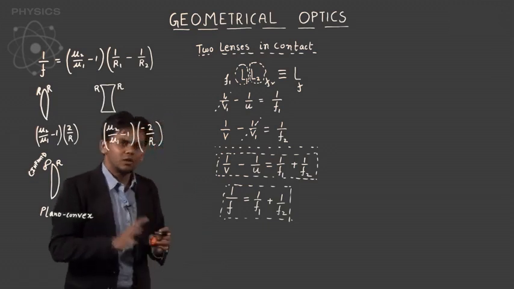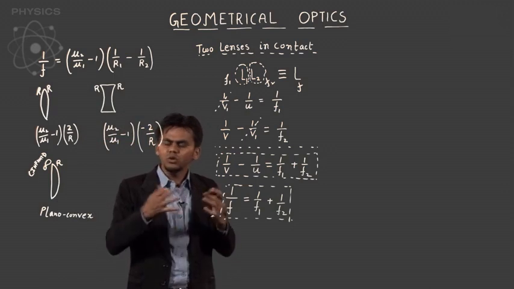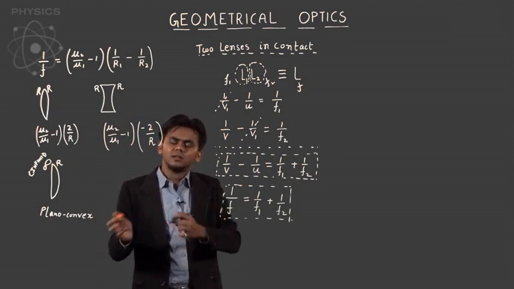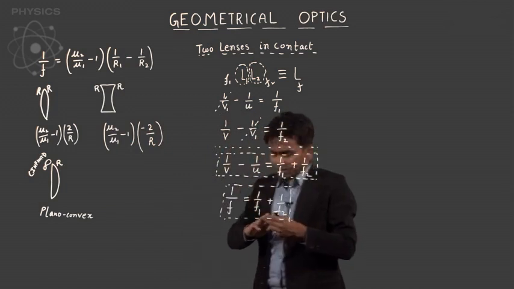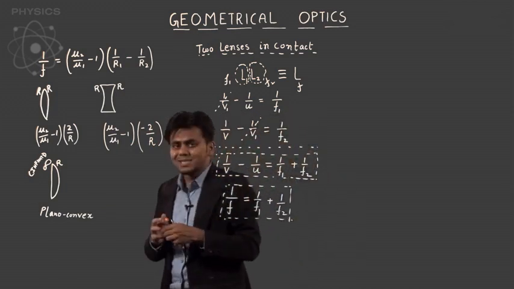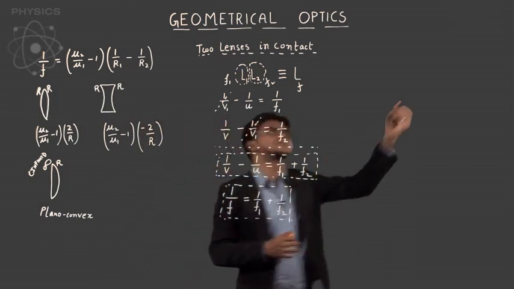Now let's try to come to a situation as in, how do we denote F in a way which reduces my calculation or analysis extension. So there's a term called power of lens.